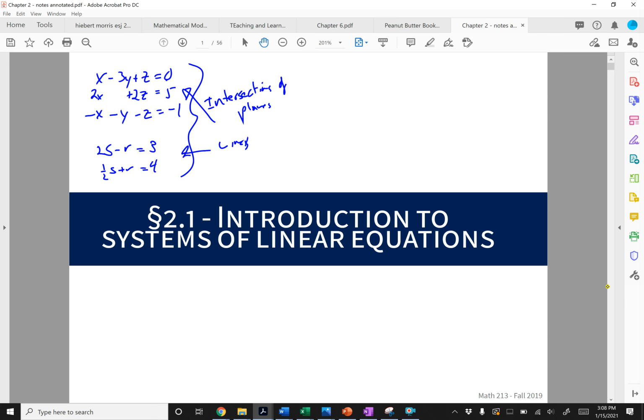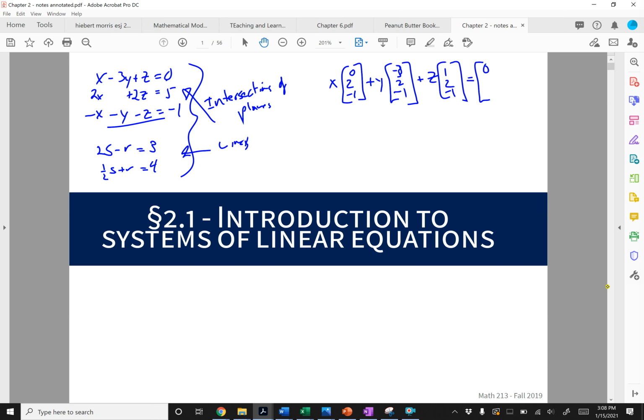So we could rewrite this setup here. I could rewrite this as x times (0, 2, -1), those are the coefficients of x, plus y times (-3, 2, -1), plus z times (1, 2, -1).